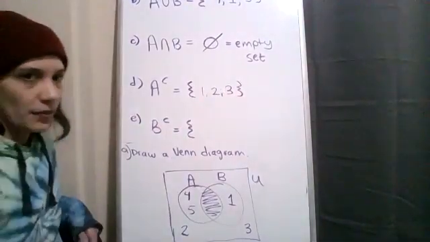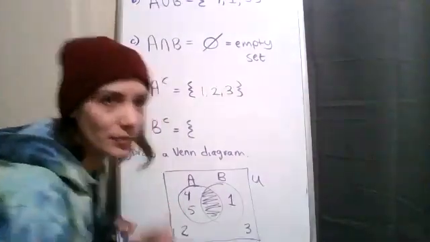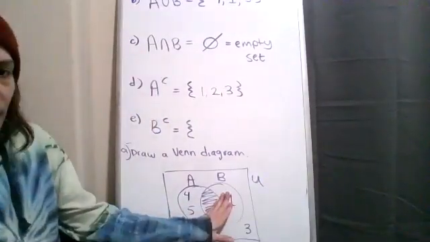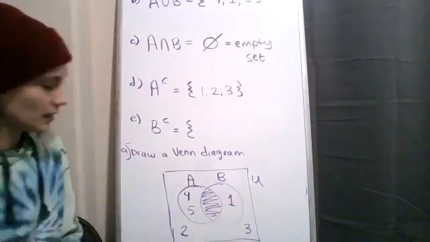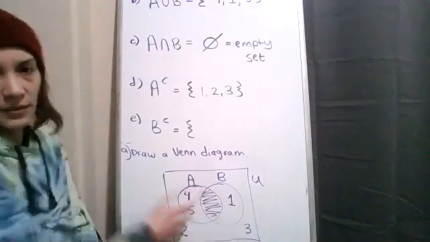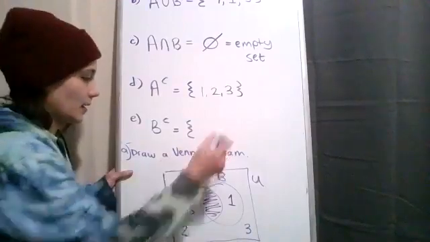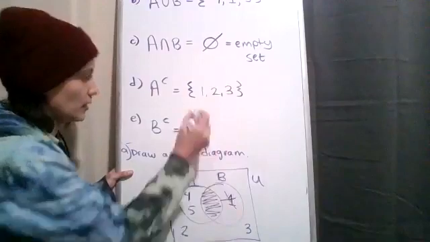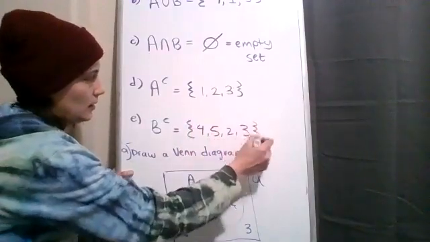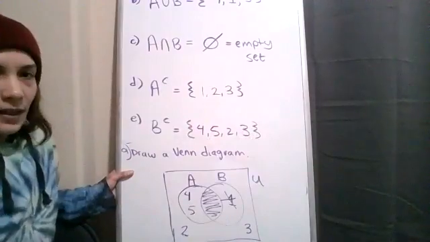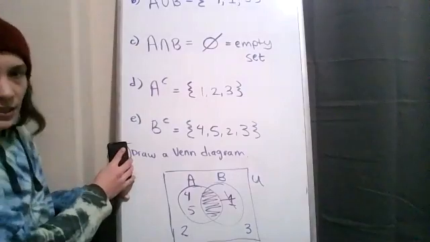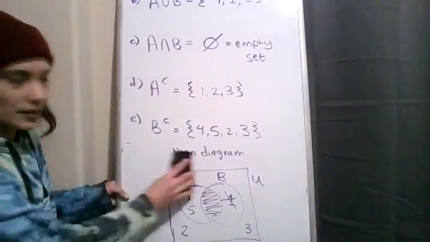So everything except for 1. So we want 3, 2, 4, 5, or 4, 5, 2, 3. Same thing. So yeah, don't use this. Okay, so let's start with a new universe.